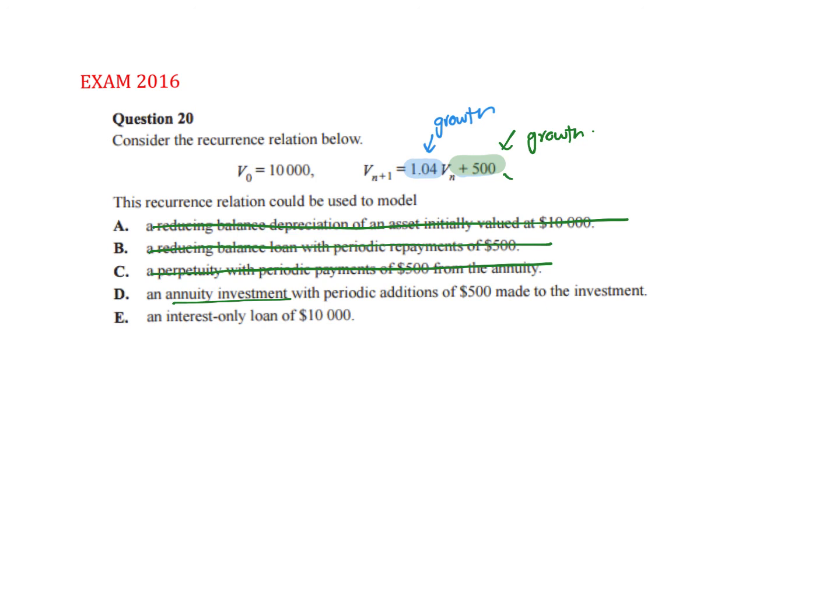You've got an account, you put some money in, it's getting compound interest, and then you're adding extra payments. If you think of the value of your investment, that would make sense, because you're adding extra. So that ends up being the answer. An interest-only loan, you'll look at later this week. Once again, the payment will match the growth, so that one wouldn't. There's only one answer that had the two growths in there.